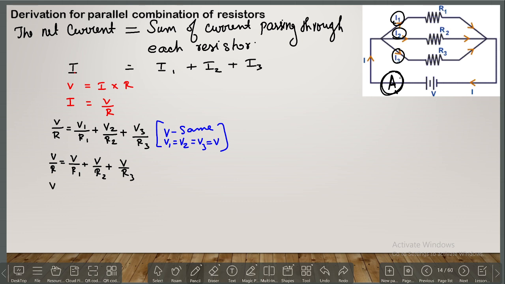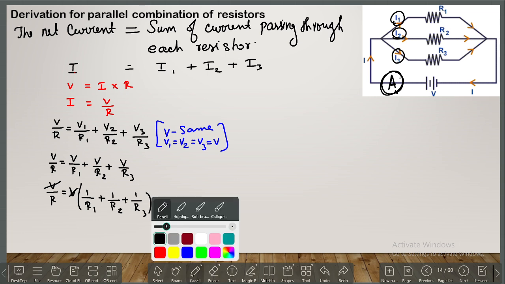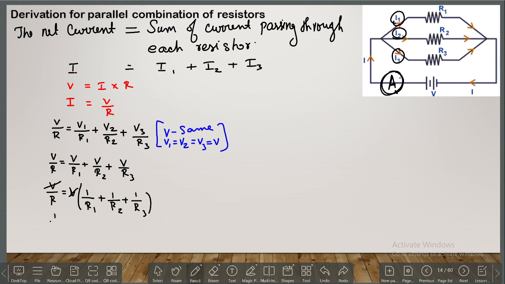In the right hand side, V is common, take that alone outside, remaining what will be? 1 by R1 plus 1 by R2 plus 1 by R3. Now V and V will get cancelled. Remaining is 1 by Rp, parallel combination. 1 by Rp is equal to 1 by R1 plus 1 by R2 plus 1 by R3.